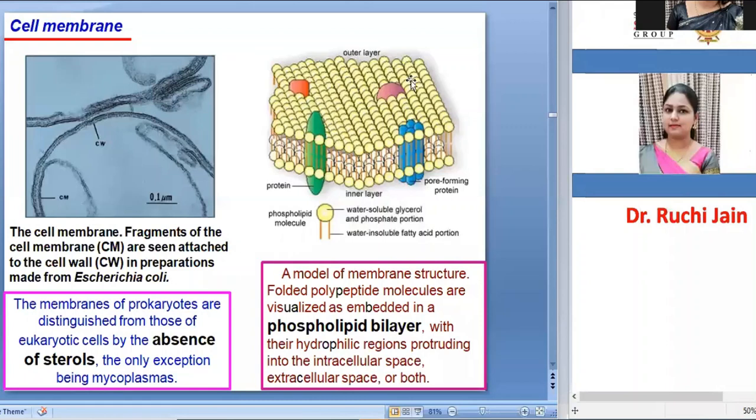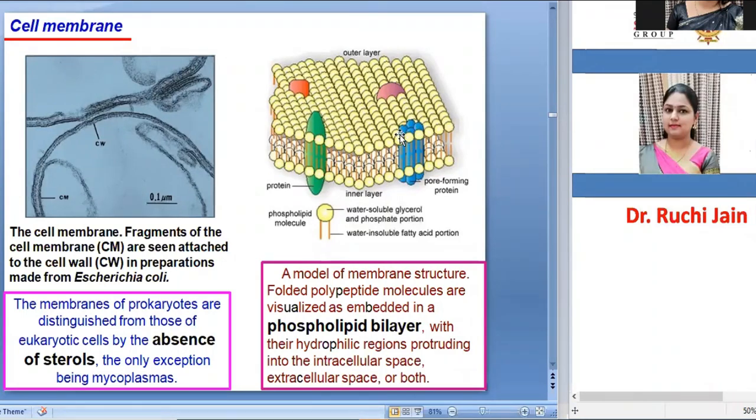You can see inside this plasma membrane, the phospholipid bilayer is there, meaning polar heads are present outside and non-polar tails are present inside. You can see that some tails are seen inside this diagram, that is hydrophobic in nature, and polar heads are hydrophilic in nature.